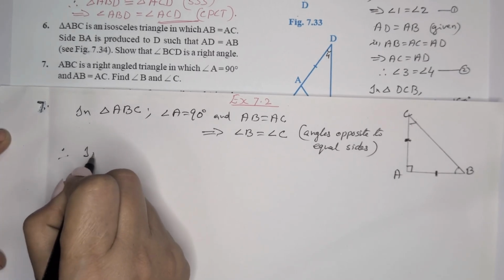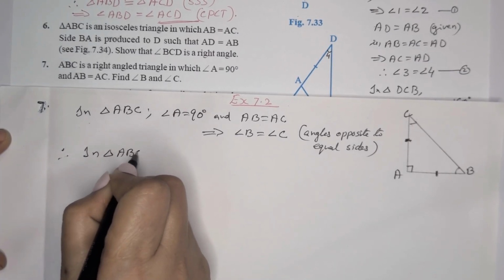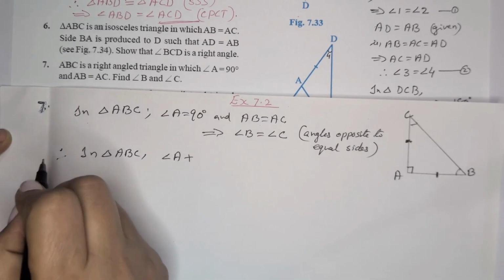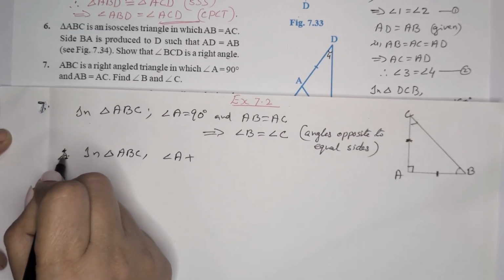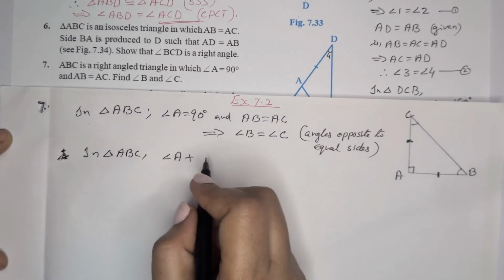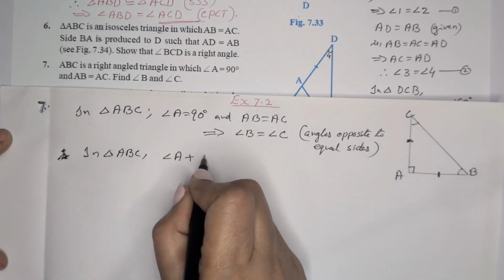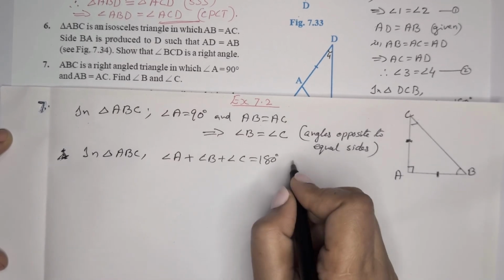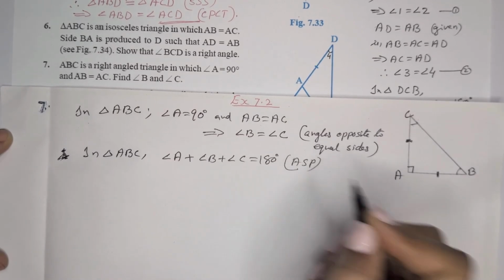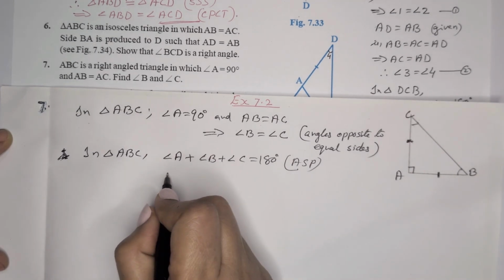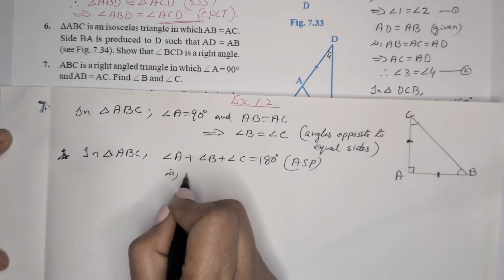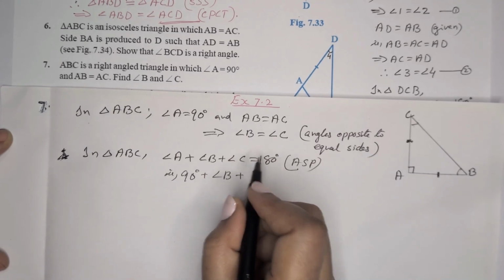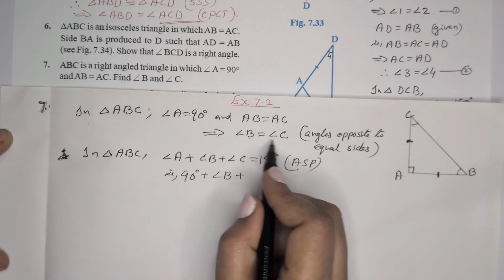In triangle ABC, we know that angle A plus angle B plus angle C is equal to 180 degrees by angle sum property. Now here angle A is 90 degrees plus angle B plus, in place of angle C, we can write angle B, both the angles are equal.